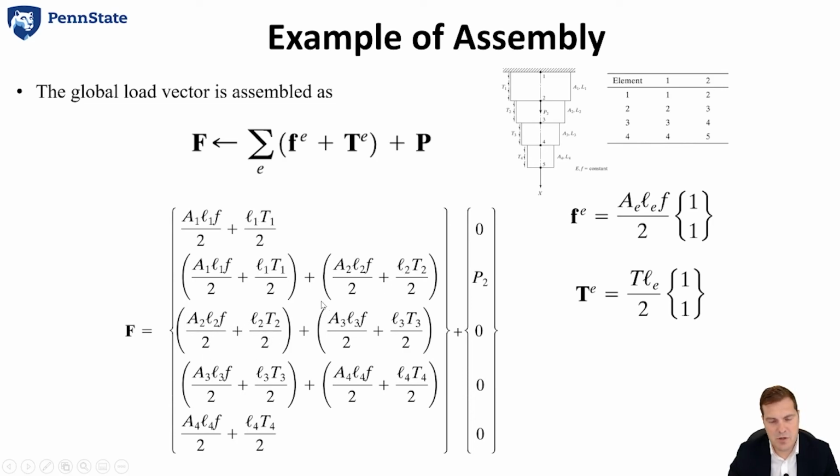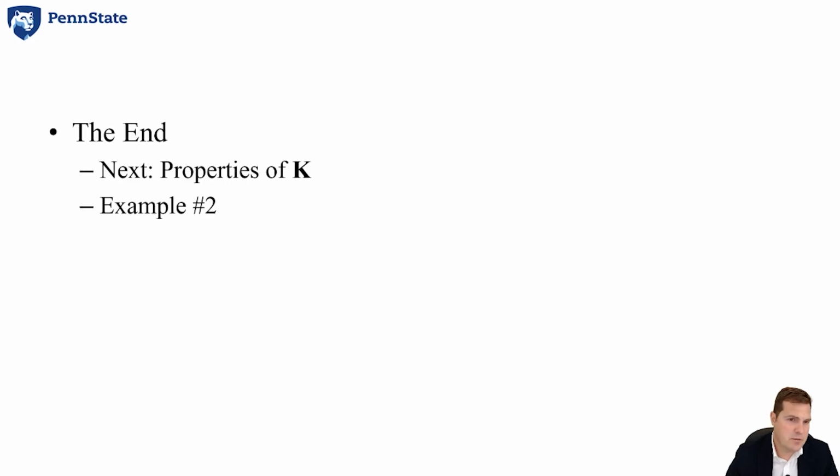And so because they have shared nodes, we get that kind of staggered effect all the way down. Now element 2 also has a node with a point force on it. That is, node 2 globally has P2 applied to it. So that gets applied in that row. No other nodes have that applied load there. This is how we fill in that matrix in a similar kind of way. So let's take a little break now and talk about the properties of K, and we'll also follow up with another example.